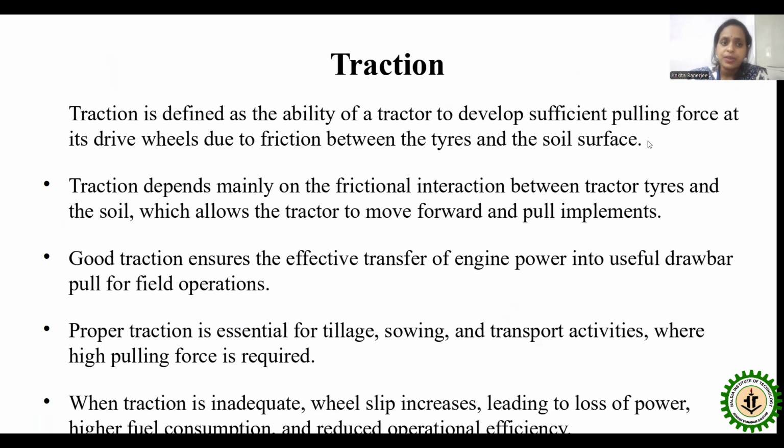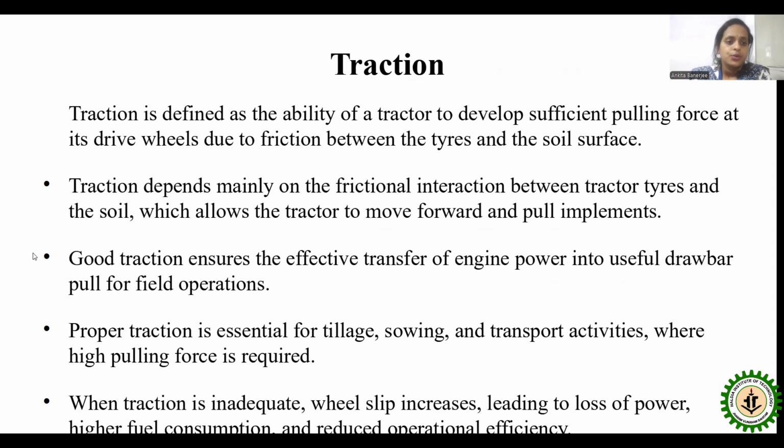If I simplify these words, traction is basically the grip between the tractor tires and the soil surface, so that the tractor tire can move forward smoothly and the tractor can pull other agricultural implements like the moldboard plow, cultivator and so on while doing field operations.